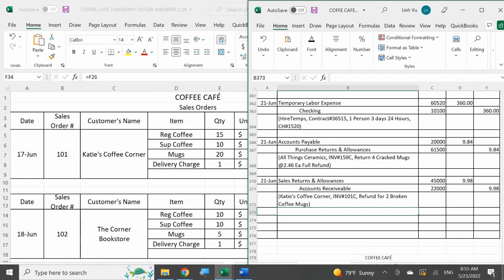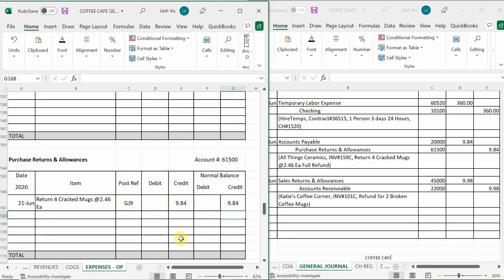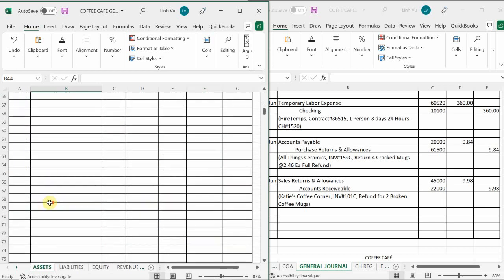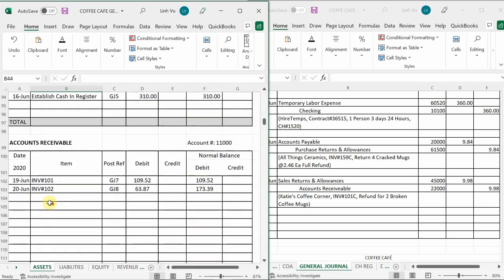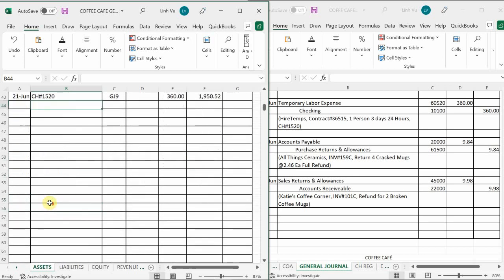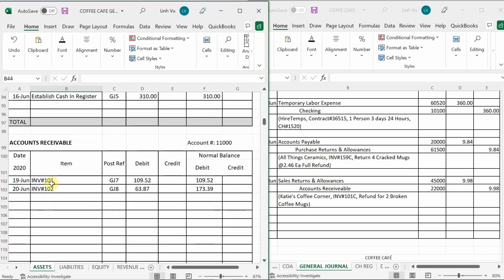Okay, so let's go ahead and update our accounts here, because we got to reduce the accounts receivable account. So here's accounts receivable.